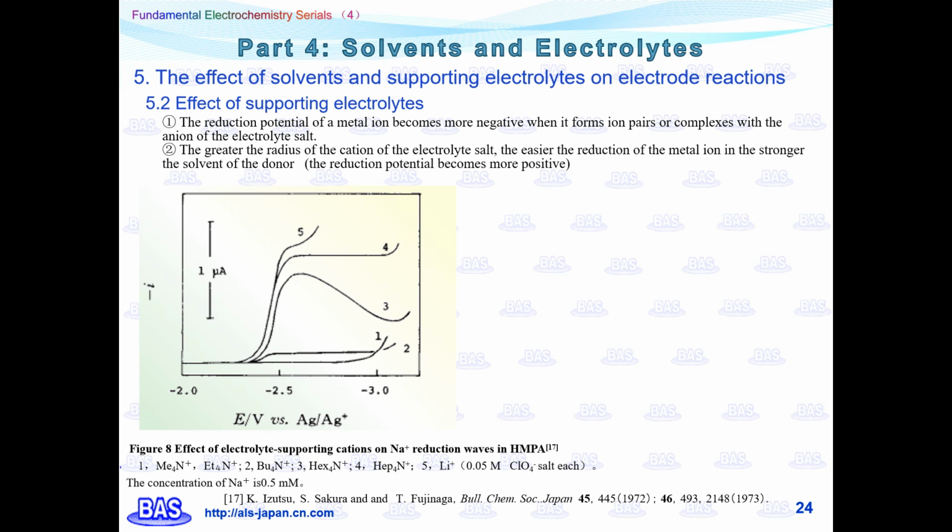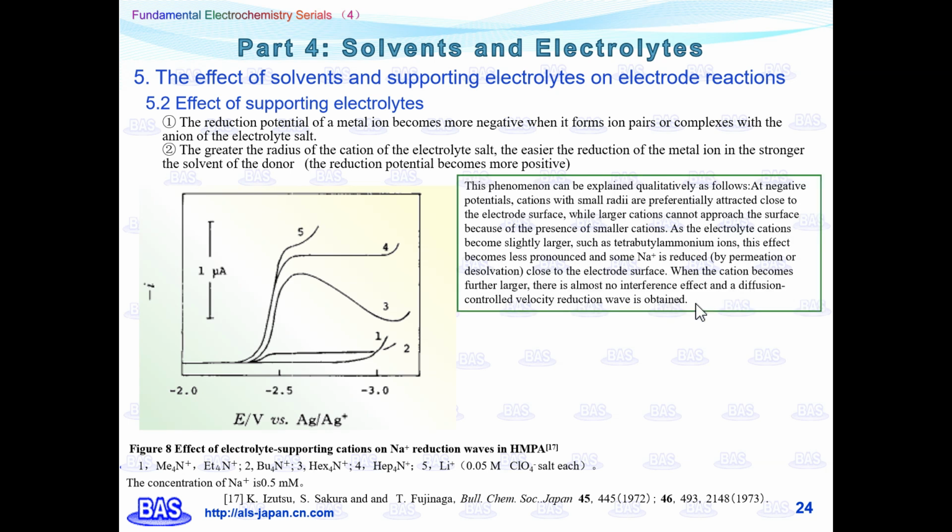This phenomenon can be qualitatively explained as follows. At negative potential, cations with small radii are preferentially attracted to the electrode surface, while larger cations cannot approach the surface due to the presence of smaller cations.